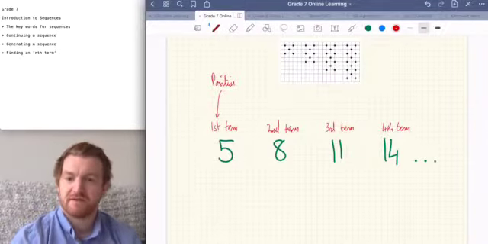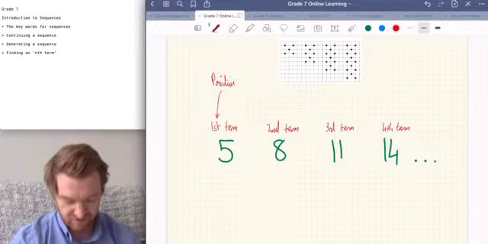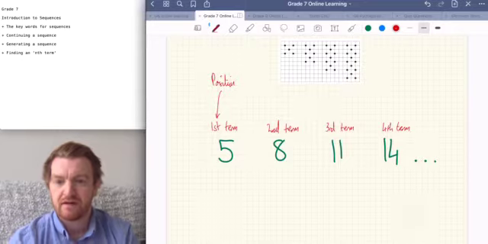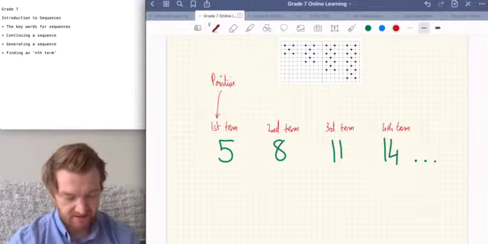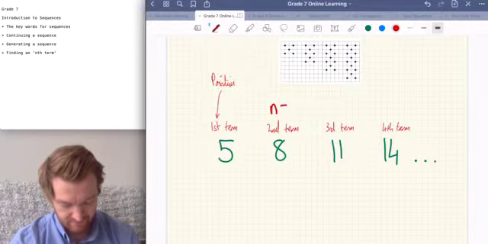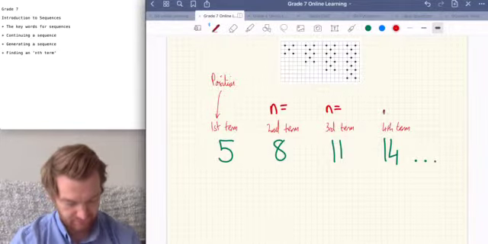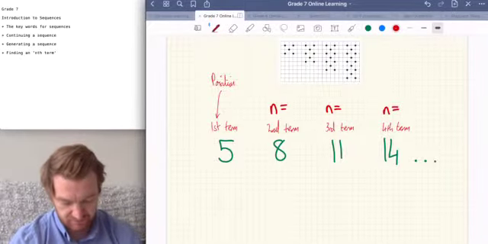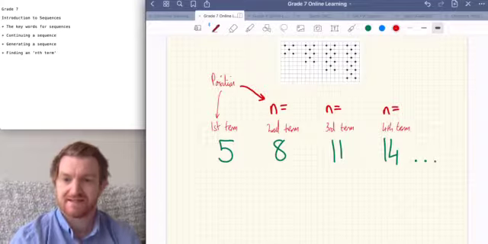Now another way we can describe position is we can give it a value. Instead of saying first term, second term, third term, we give it a value for n. We say, what is n for this term? n is the position in the sequence. So in this one, it's the second number in the sequence.